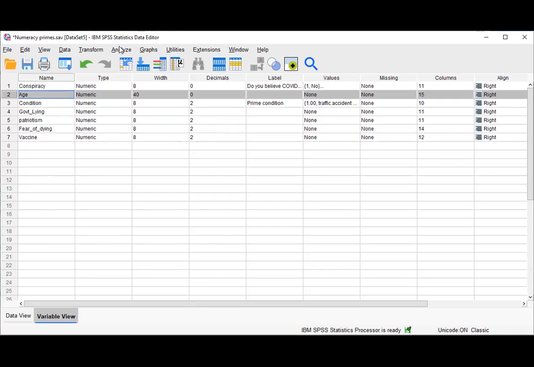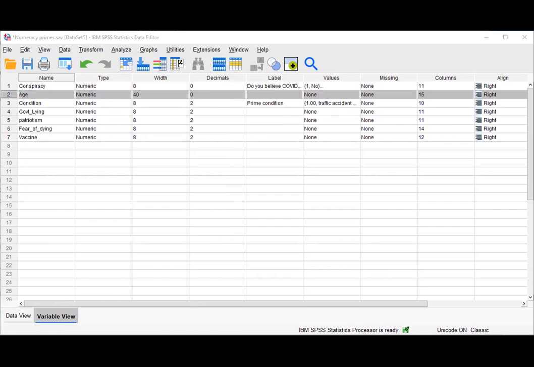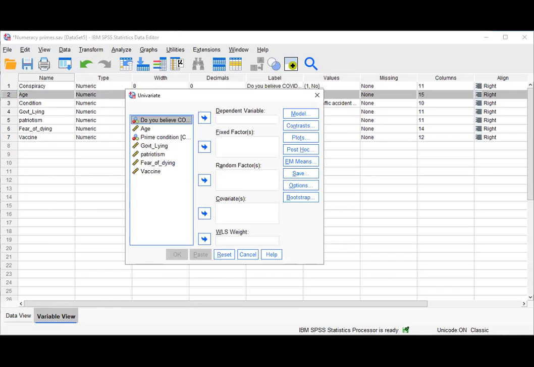So what we're going to do is we go to Analyze, General Linear Model, just like we did for normal ANOVA last week, and Univariate. Let me switch to this little window.